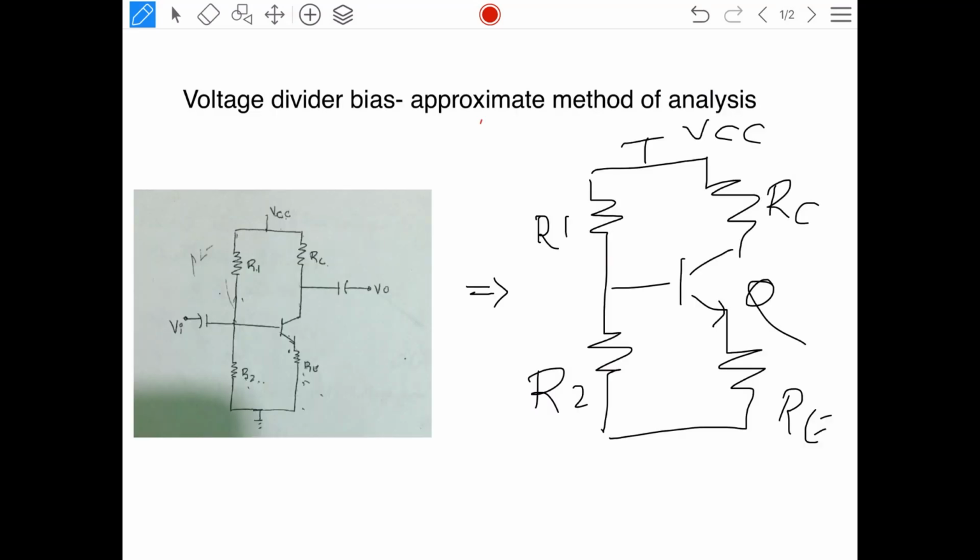What are those assumptions? First of all, we have the resistance RE. I am making an approximation of the input resistance. I'll call it Ri, the input impedance, which relates the resistance RE and the transistor's current gain beta.